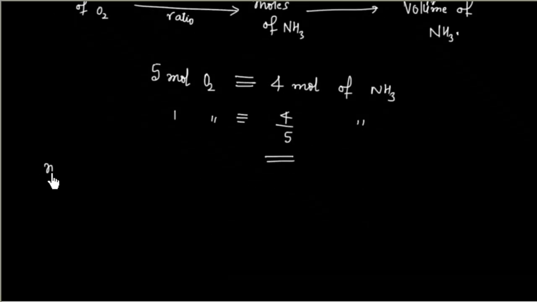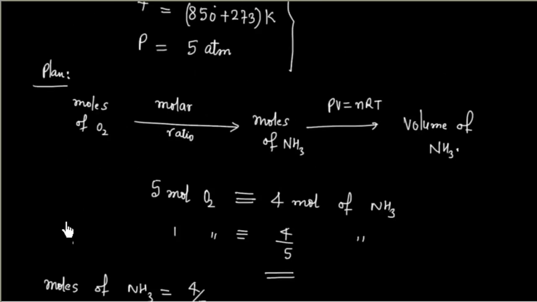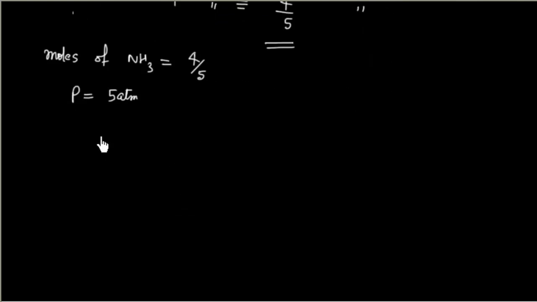So now I know the moles of ammonia, that is 4 by 5. Other values are given. Pressure is 5 atmospheric pressure, and temperature is 50 plus 273. Now we know the number of moles is 4 by 5 mole.